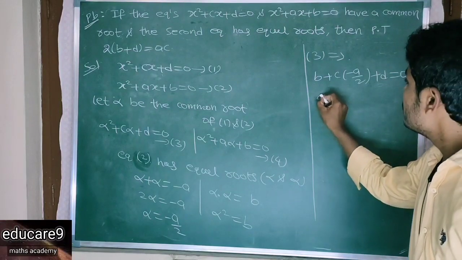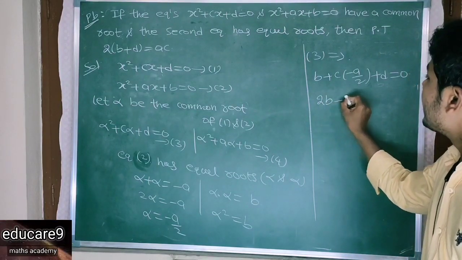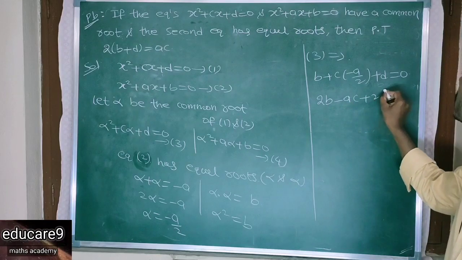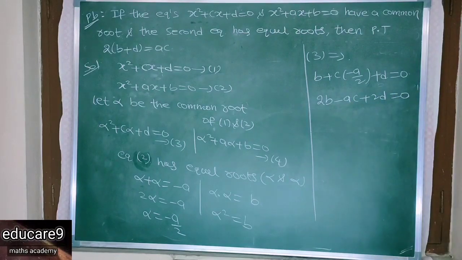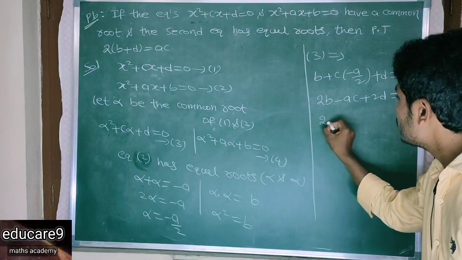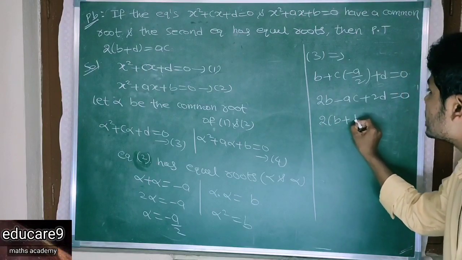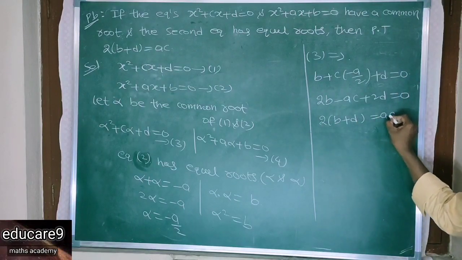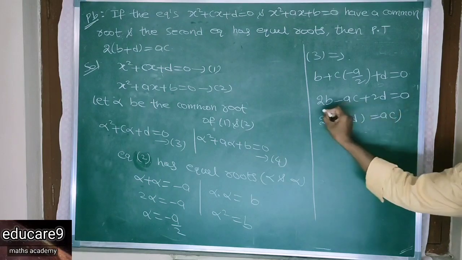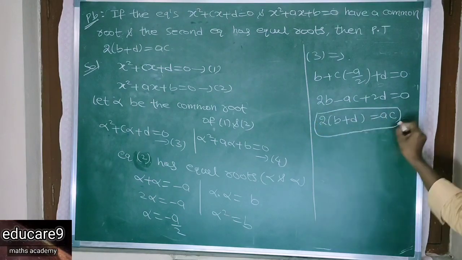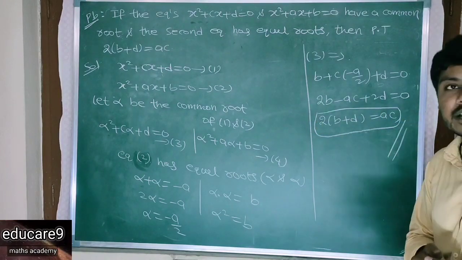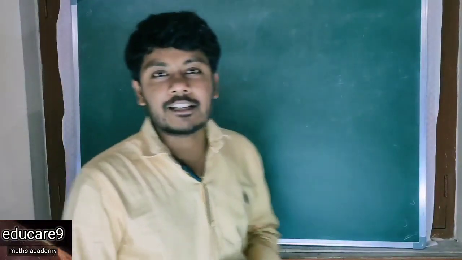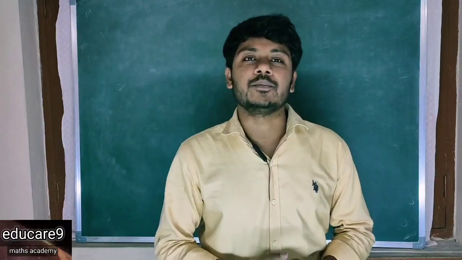This is 2b minus ac plus 2d is equal to 0. This can be written as 2 times of b plus d is equal to ac. This is the required condition. For the next session we discuss a few more theorems and problems.